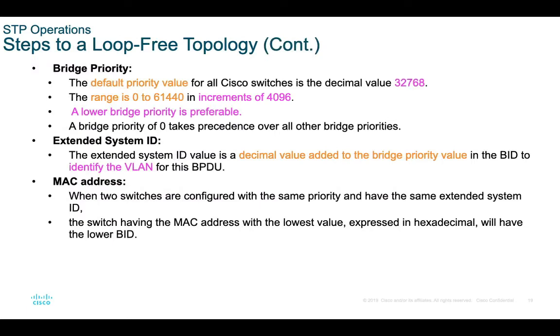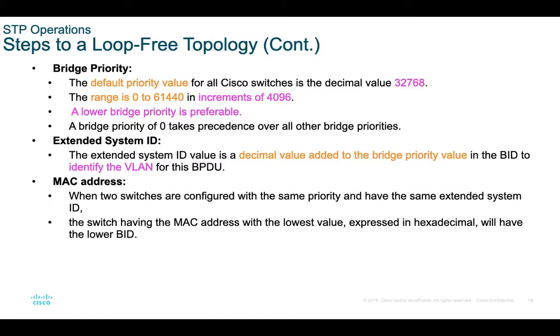For the priority value, by default it's 32,768. But the value cannot be any number. It can be in the range 0 to 61,440, but the number must be in increments of 4096, which means we multiply by 4096.